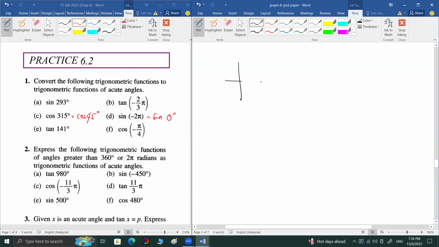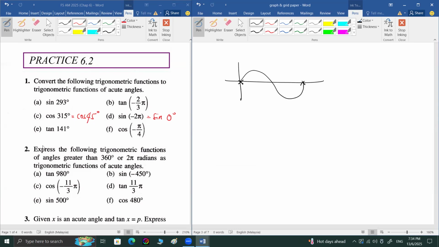Remember I taught you how to sketch the graph of sine, where sine 360 and sine 0 are 0. When it comes to 360, one round, so it's 0. Get that? Is number 1 okay, class?